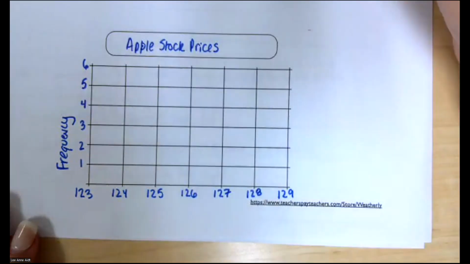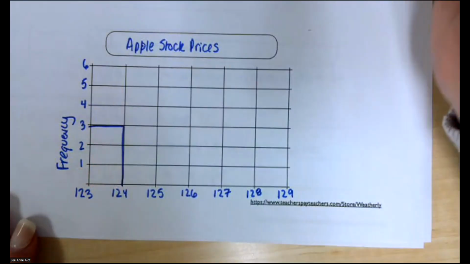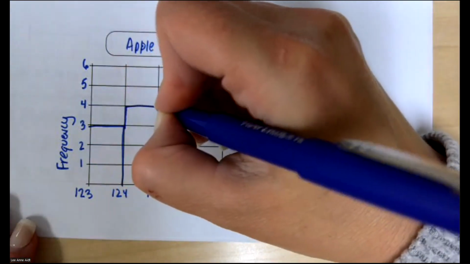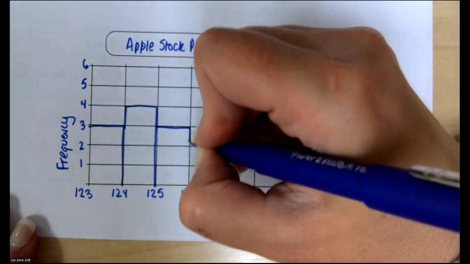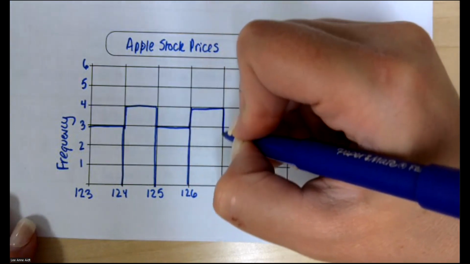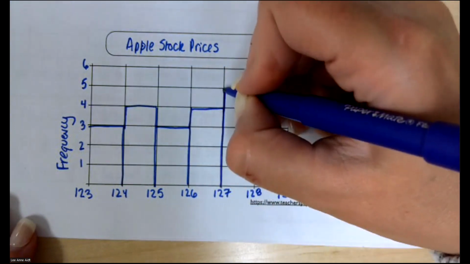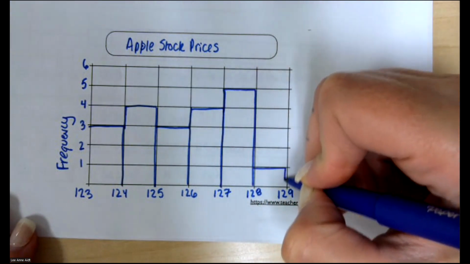Okay, and then the first one is 3 tall, then 4, then 3, then 4, then 5, then what?